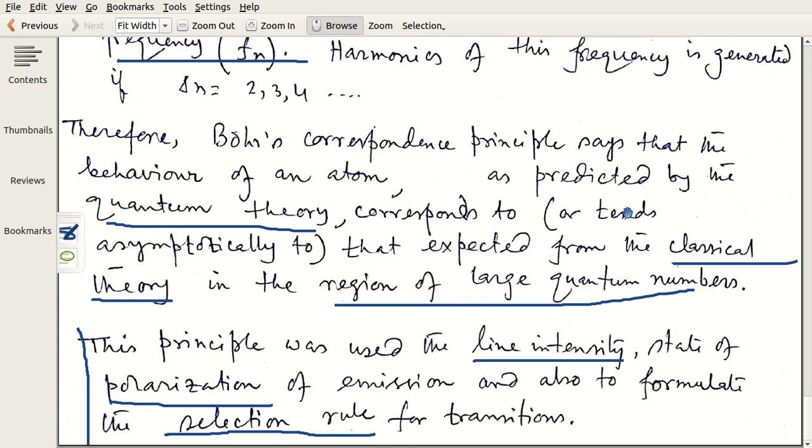So by this we end the discussion on Bohr's theory, and in the next classes we will do some problems, and then we will proceed to other corrections on Bohr's theory made by Sommerfeld. Okay, we end here today.